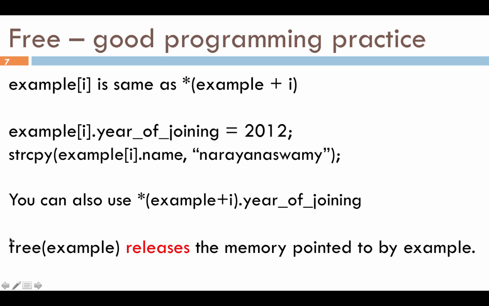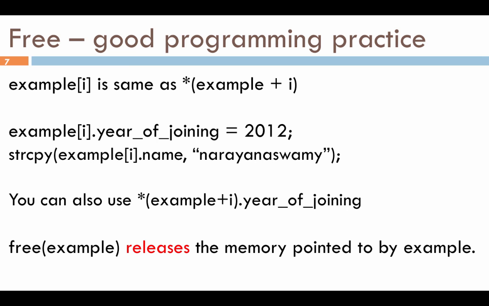Now, the function call free example releases the memory pointed to by example. In other words, after you've done a free, example is not pointing to anything meaningful. Somehow the underlying execution environment gathers all those memory locations that you have released, and that memory can be given to other function calls that you are making or to other processes that may be running on your system.